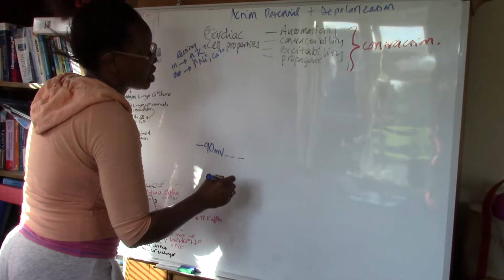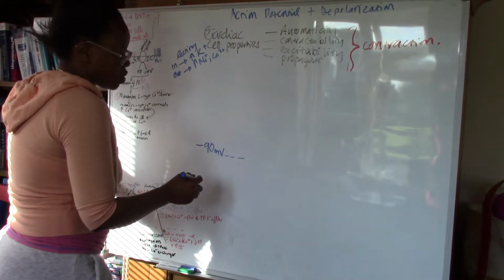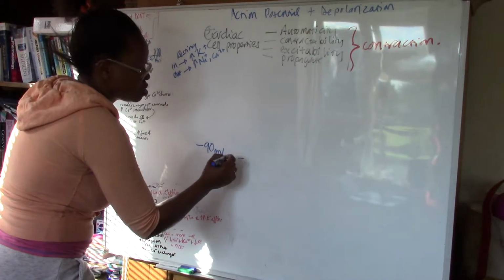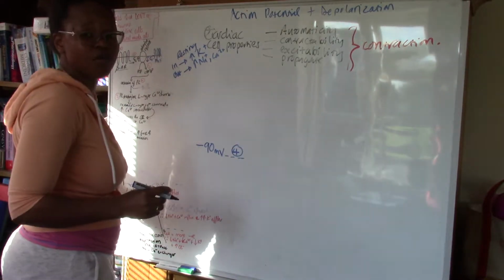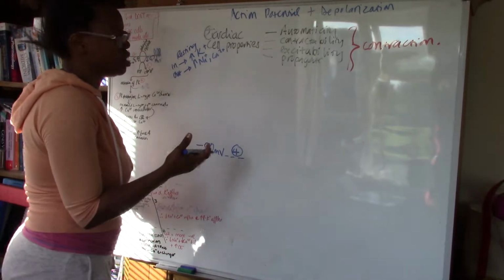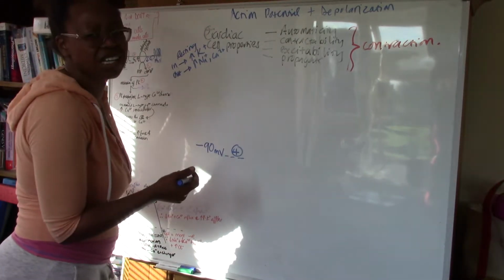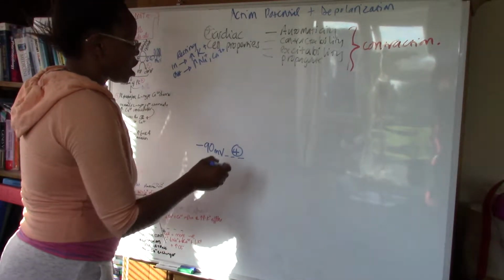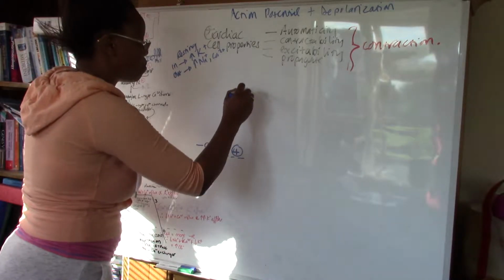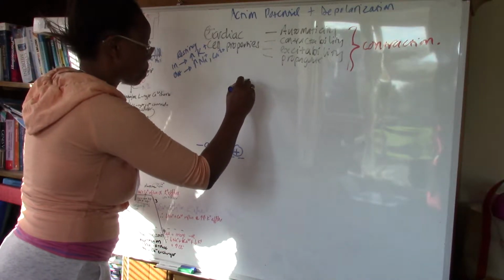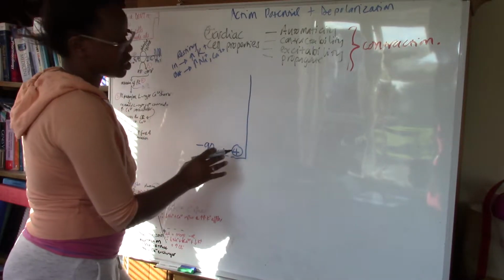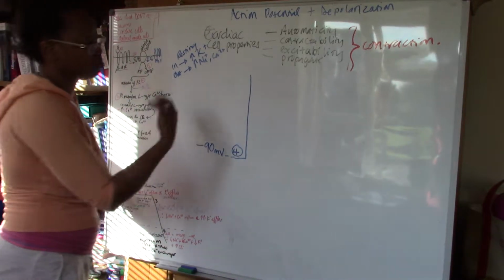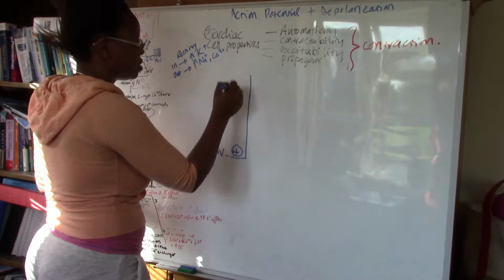So its resting potential is minus 90. At minus 90, this is usually called phase 4 of the depolarization. From phase 4, this is a happy cell that's just sitting there, minding its own business, really.